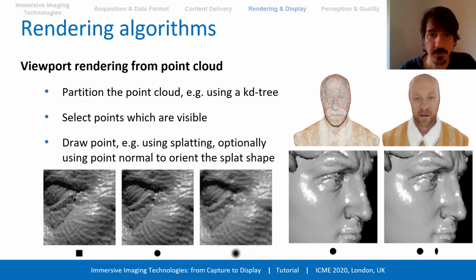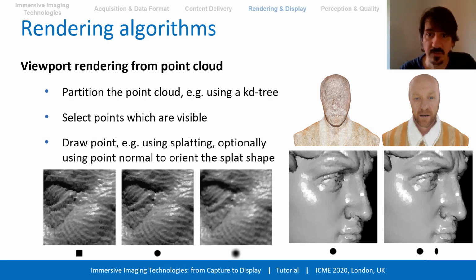And there are several parameters that we can manipulate to control the render. For example, the size of the splat is shown on the top right image, and this can be adjusted, for example, depending on the distance between the virtual camera and the point cloud. Also, the shape of the splat is shown on the bottom left.